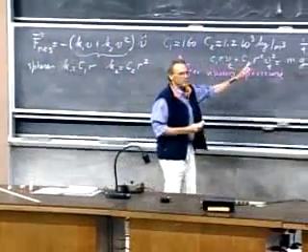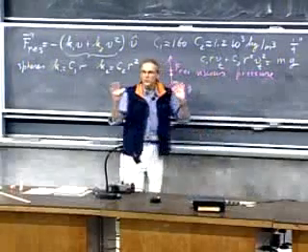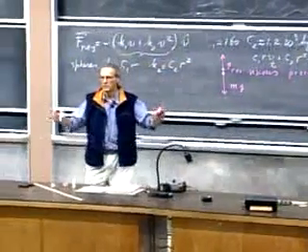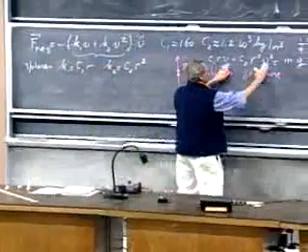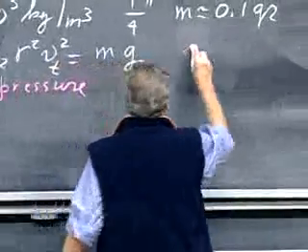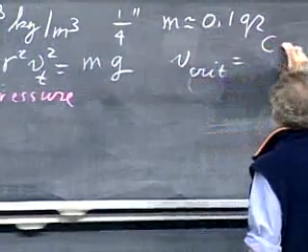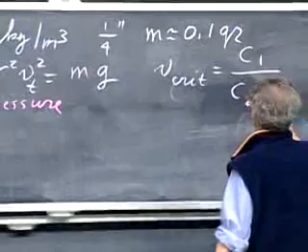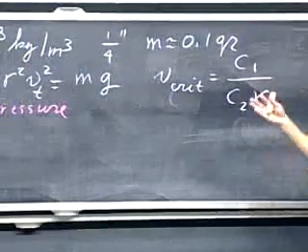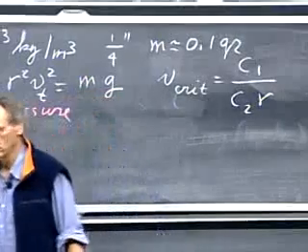Well, let's first ask the question, when is the viscous term and the pressure term the same? For what velocity? So forget for now that there are t's here. We just want to know when this term is the same as this term. That will be the case when the velocity, which we call the critical velocity, equals c1 divided by c2 times r. It's very easy to show that this term is then exactly identical to that one.